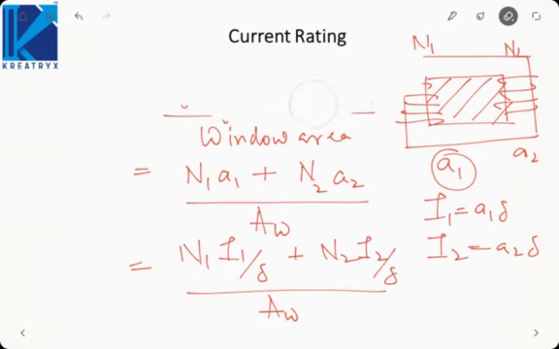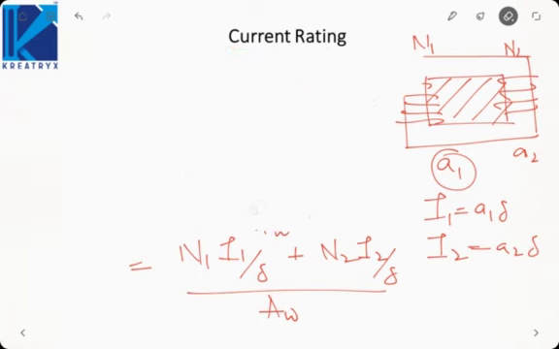Now I know, since primary and secondary MMF must be equal, as I told you according to Lenz's law, primary and secondary MMF oppose each other and they cancel out each other. So here I am neglecting the no load current, I am only considering the load component of current. So N1 I1 must be equal to N2 I2.